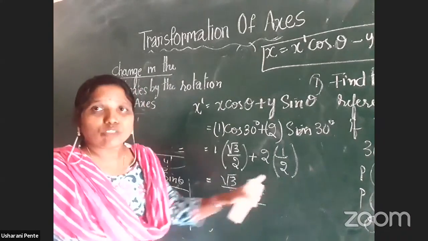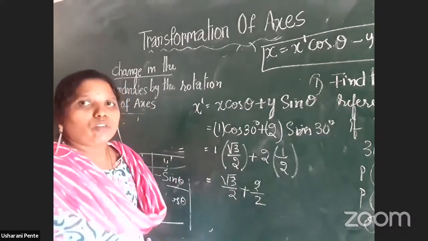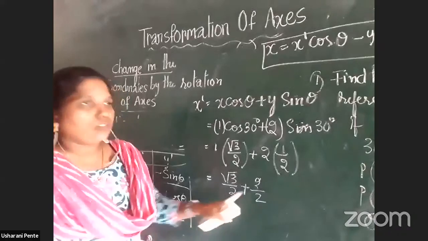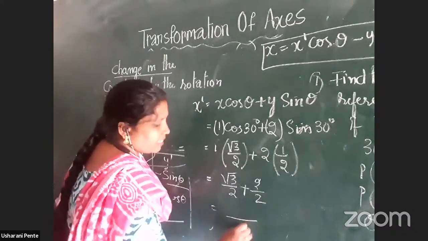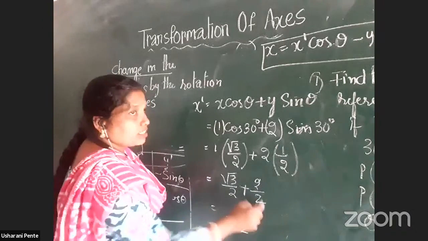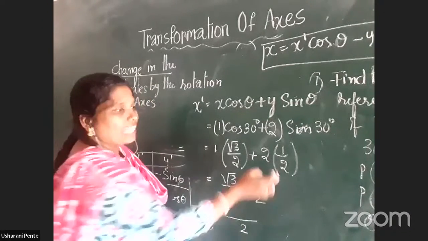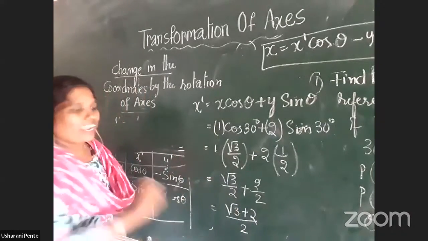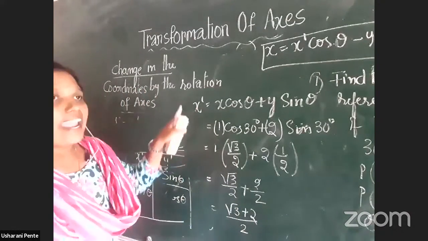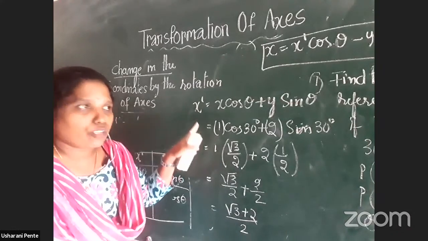I'm not cancelling the 2 because when we go to add, the denominators are common here. The denominators are the same, so I can take 2 as common. Over here, that is root 3 plus 2 by 2. This is our X dash, our X coordinate with reference to the new system.